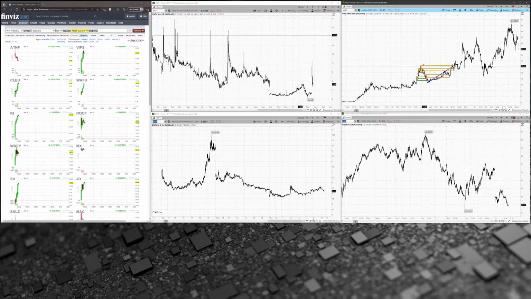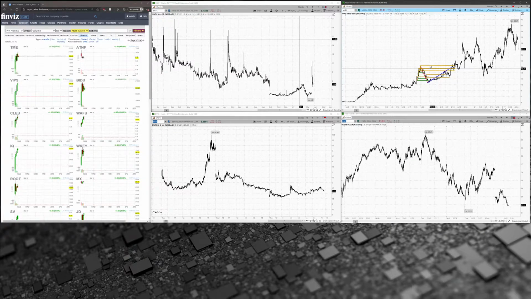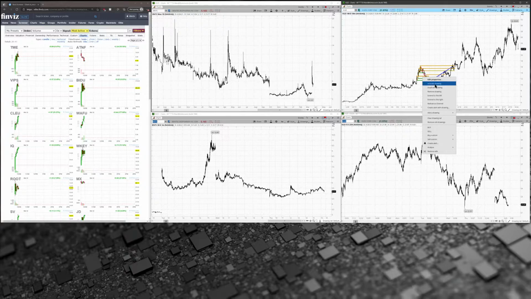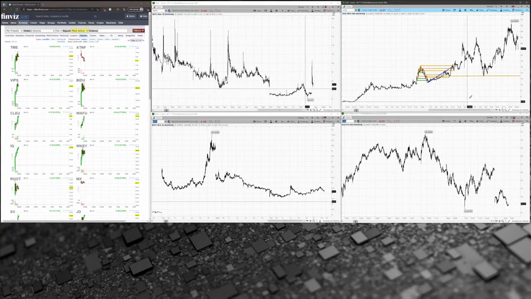And you'll notice from here, we pretty much had this level tested. It got close enough and rejected. This level was tested. Our next level from this structure is right here. Surprise! It wasn't tested. It hits again, it bounces.